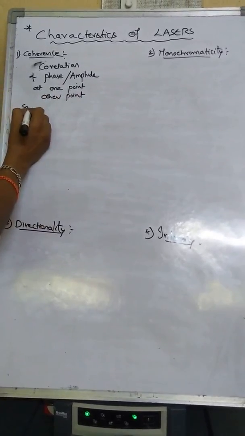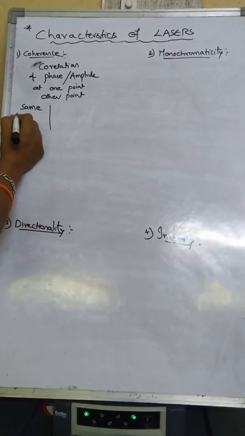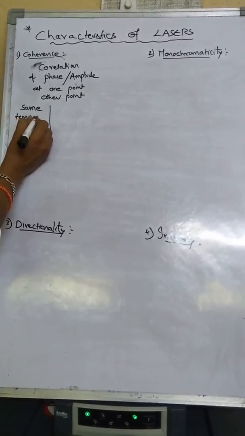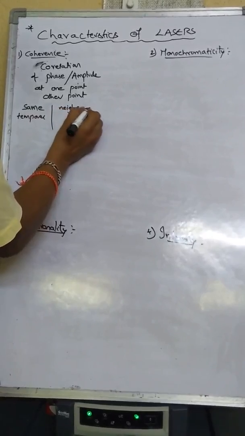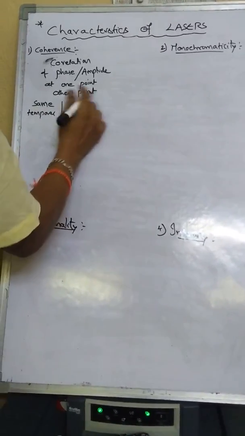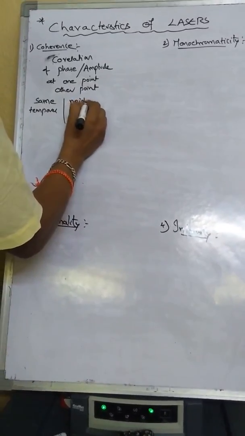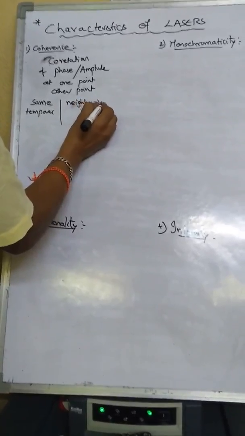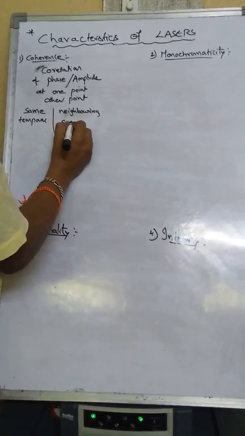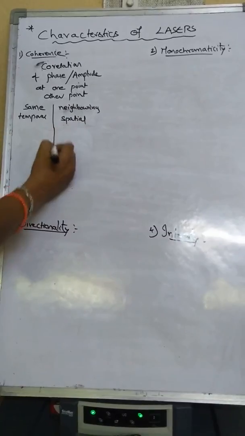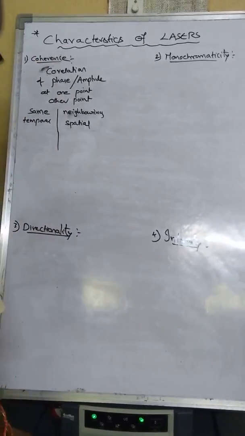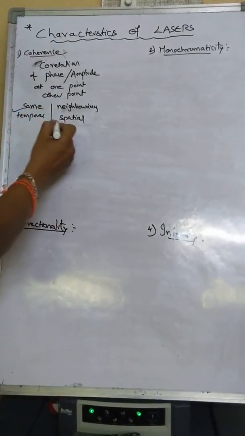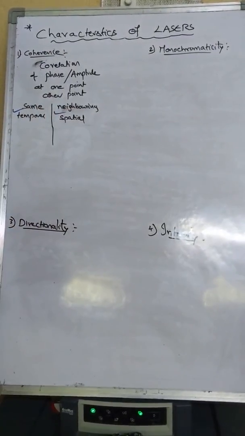If it is the same wave, then this becomes temporal coherence. And if it is another wave, or a neighboring wave, then this is called spatial coherence. So coherence is of 2 types: the first type is temporal coherence, and the other type is spatial coherence.